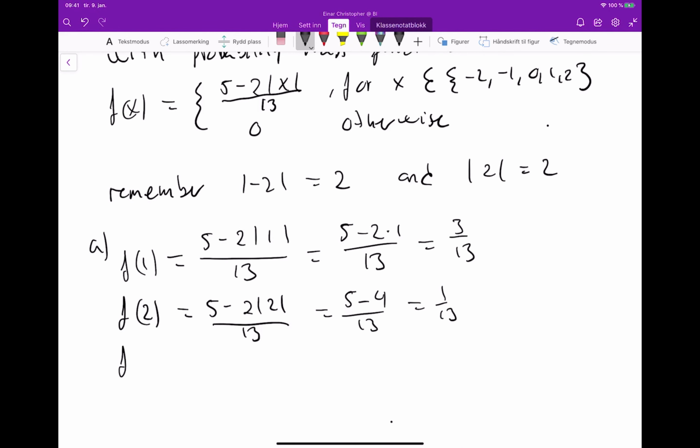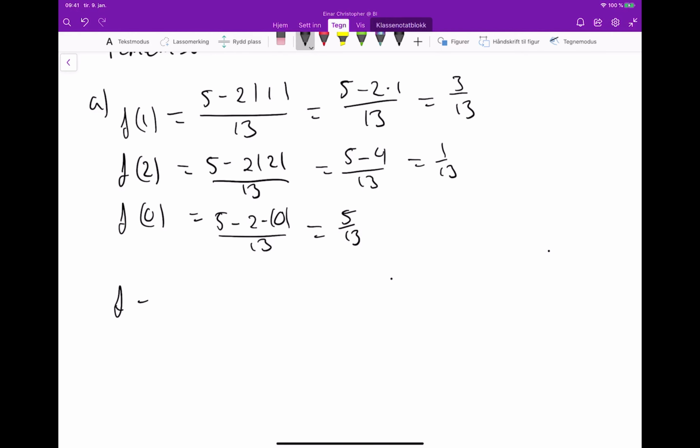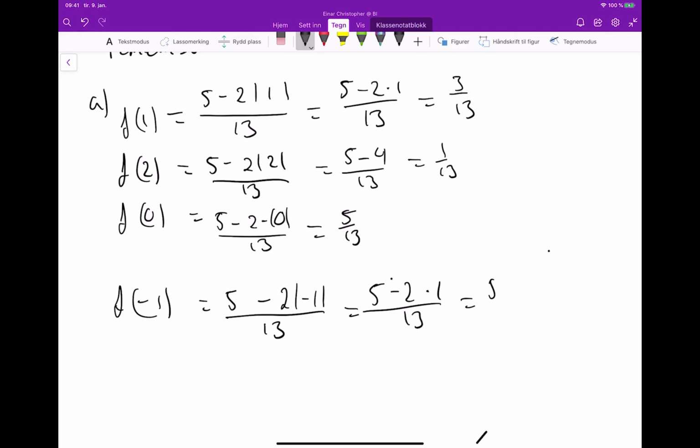And then we can take f of 0, which is 5 minus 2 times absolute value 0 divided on 13, which is 2 times 0 is 0, so this is 5 divided on 13. F of minus 1 equal 5 minus 2 times absolute value of -1 divided on 13, which is 5 minus 2 times 1 divided on 13, and we get 5 minus 2 divided on 13 is equal 3 divided on 13.